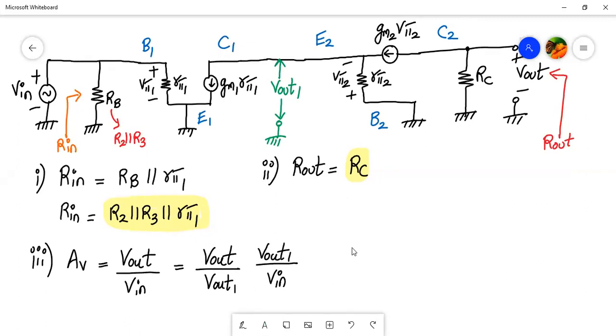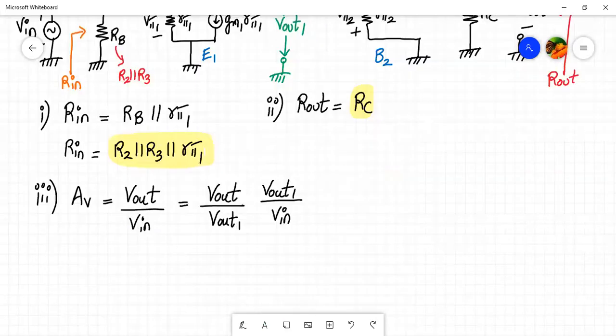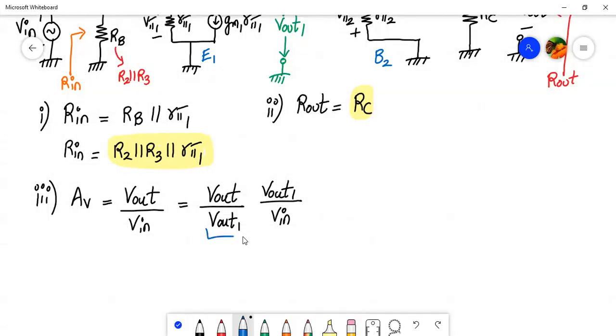Now let us check what these terms mean. The first term, V out upon V out 1, is the gain of the second stage, and V out 1 upon V in is the gain of the first stage. So we need to find the values of AV1, the gain of the first stage, and AV2, the gain of the second stage, and multiply them to find the overall voltage gain.